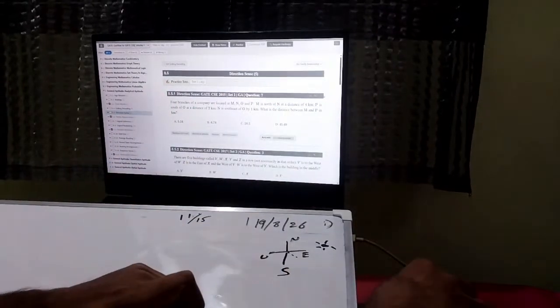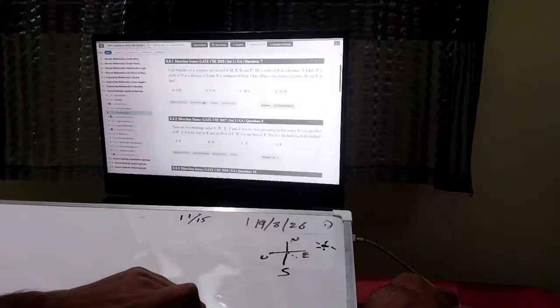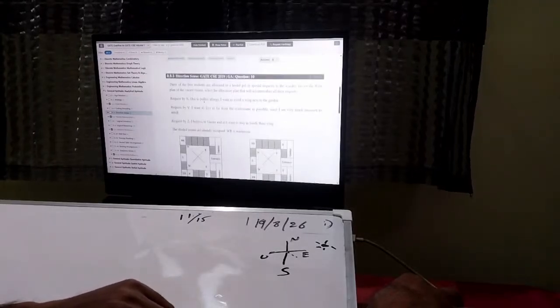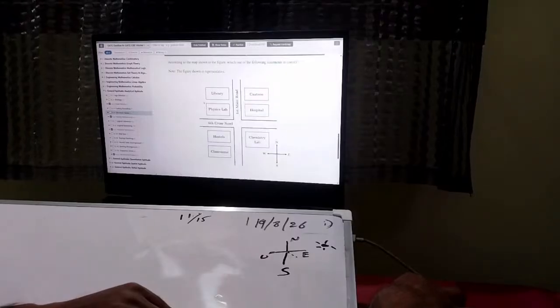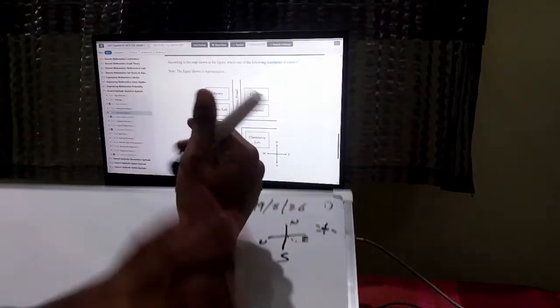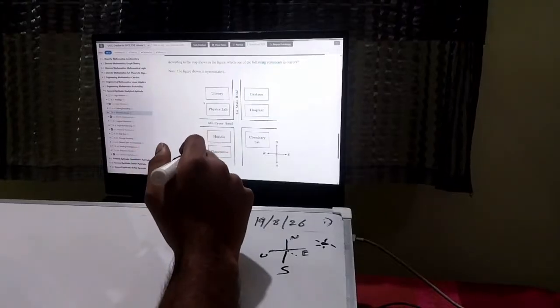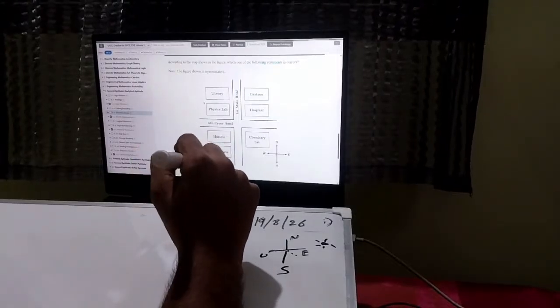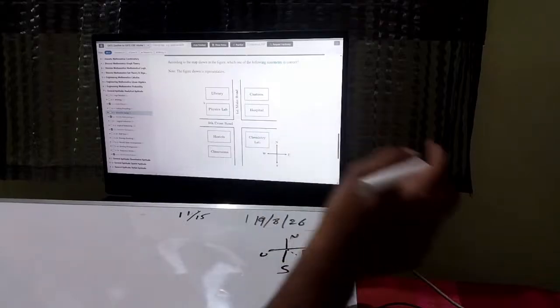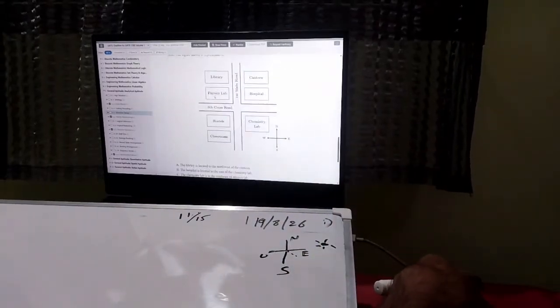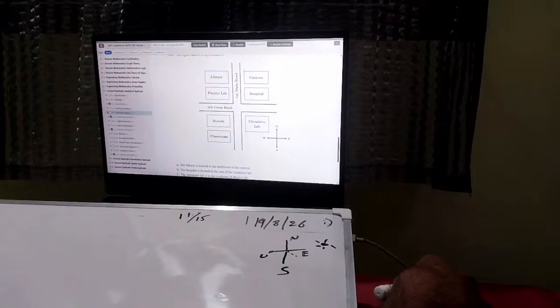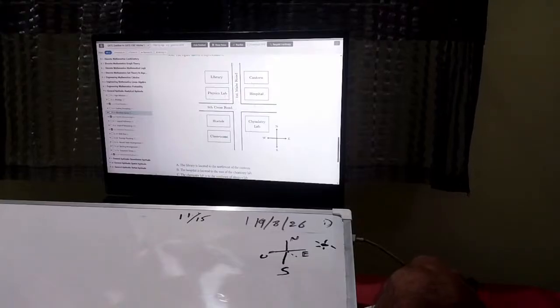Okay, what's this question? So according to the map shown in the figure, which one of the following statements is correct? The figure is shown for representative purposes. The first main road, fifth cross road, canteen, hospital, chemistry lab.